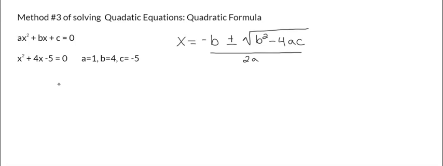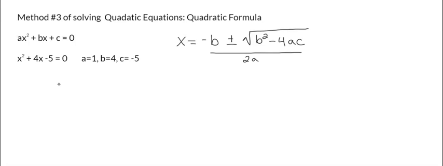Here in this case, a is 1, because that's the coefficient in front of x squared. B is 4, because of 4x, and C is negative 5. So we're going to plug these numbers in, and then we're going to separate them by a positive number and negative. So let's begin.